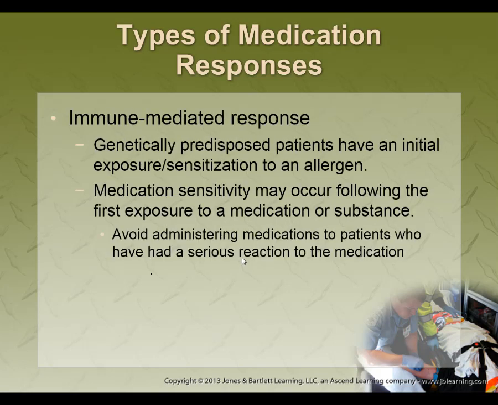Okay, so let's move right along to immune-mediated response. Some people are genetically predisposed to have certain sensitivities to allergens. So in the clinical field, we will ask if someone's parents are allergic to things.